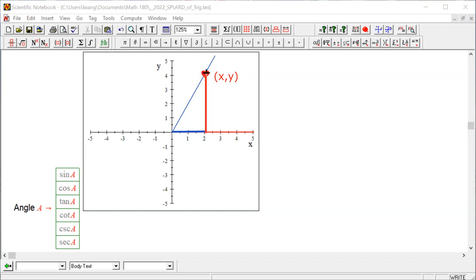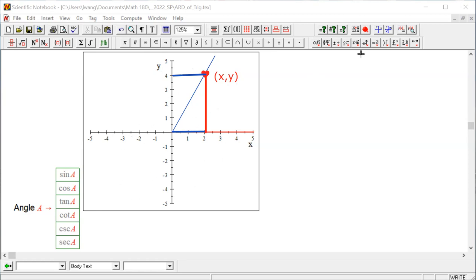X is the distance between the point and the y-axis, right? This is x. Let me remove that to be consistent with the color. So this is x, these two blues are the same length, that's x, and that's y. And you can see x, y could be in different quadrants.